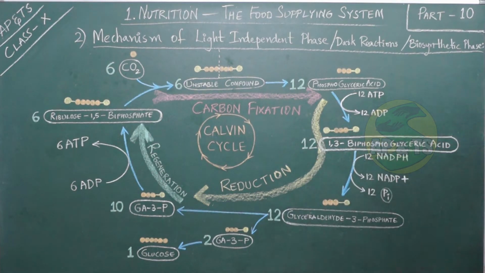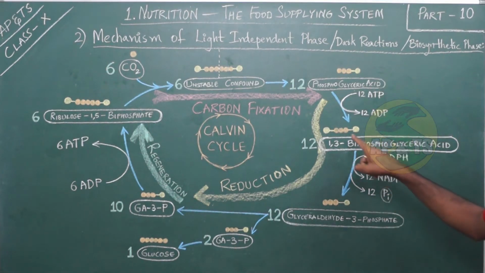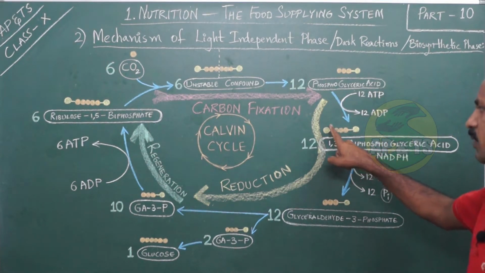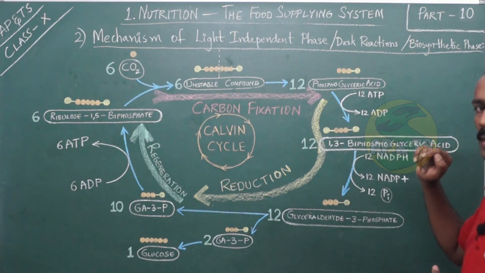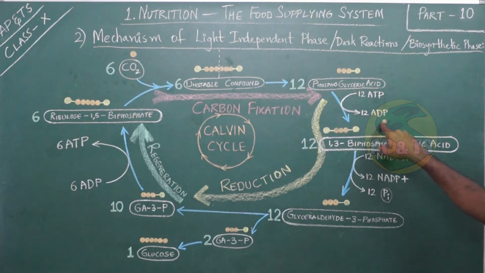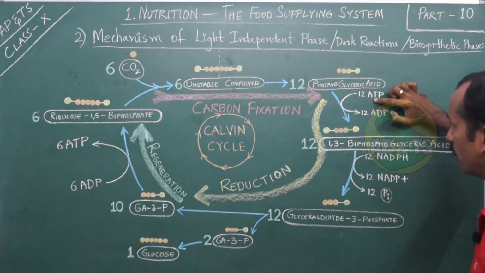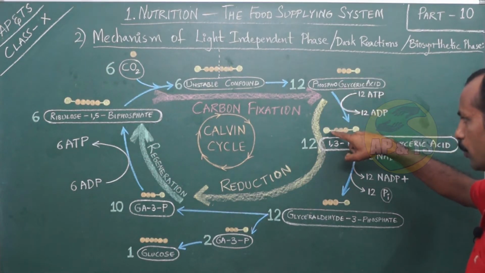Okay, so what is the change you find from here to here? There is something added, that is phosphate. How is this phosphate added? This is all because of conversion of ATP to ADP. When ATP converts to ADP, 1 phosphate is lost. That phosphate is used here.